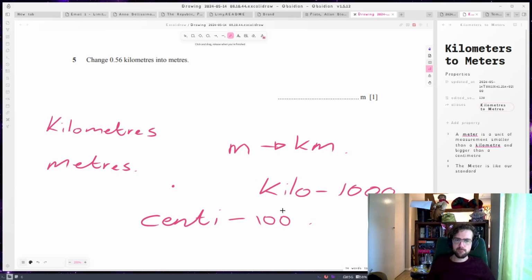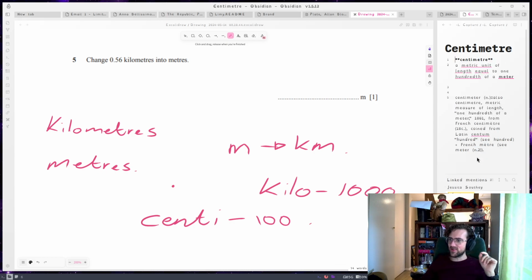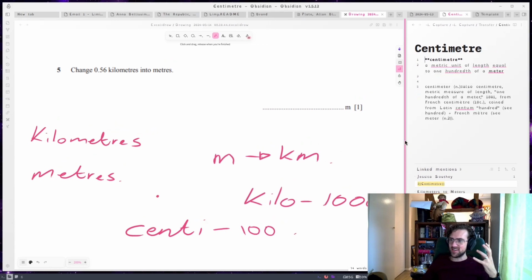So does that mean that 100 meters is a centimeter? Okay. So 100 centimeters is a meter. So let's look at that quickly. We're going to look at centimeter quickly. I am aware that this is a bizarre way of looking at maths, but as I'm sure you saw the other day, it actually makes a huge difference to understanding.